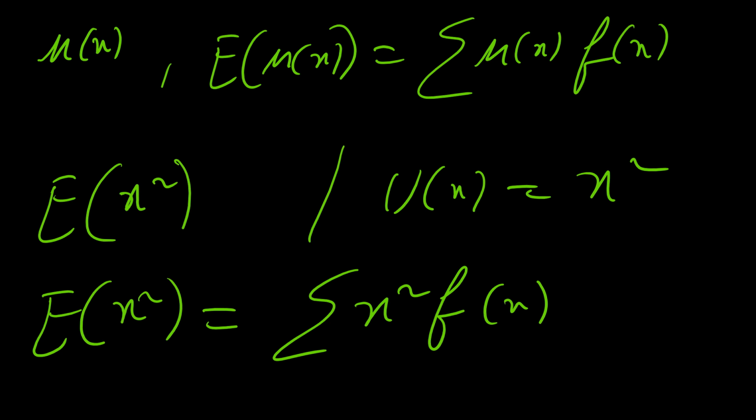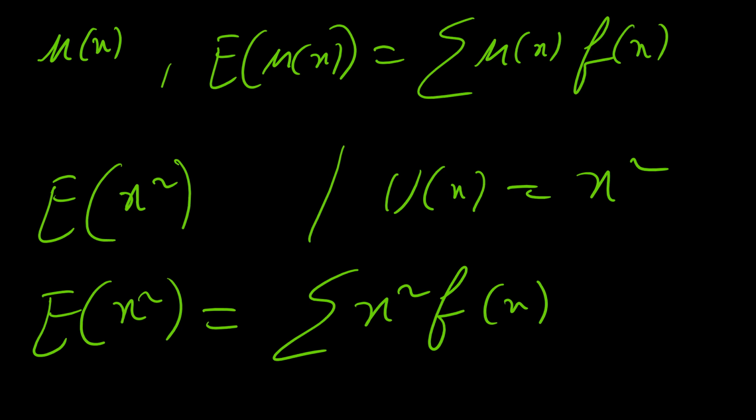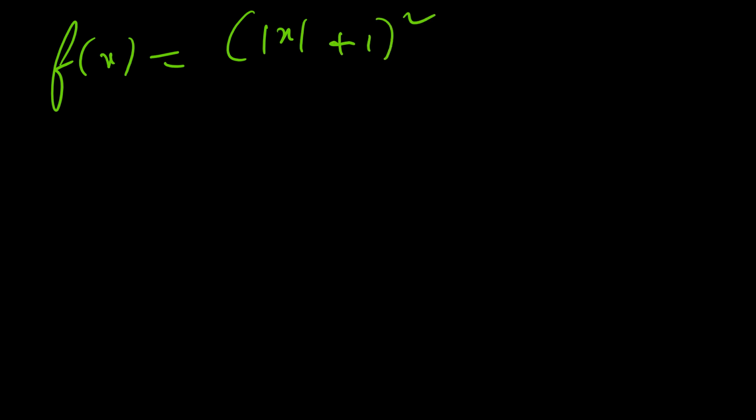So if you replace that in our expression, what do we get? Let's say we use the same function, f of x equal to the absolute value of x plus 1 square divided by 9, right? And x takes the value of -1, 0, and 1.